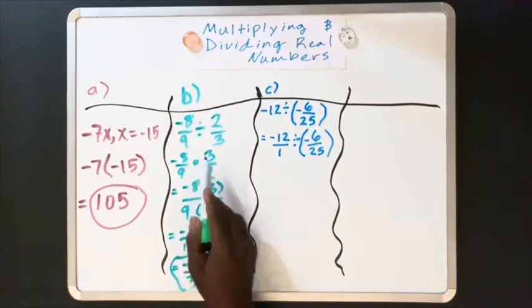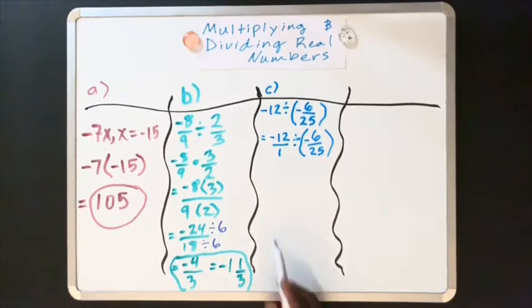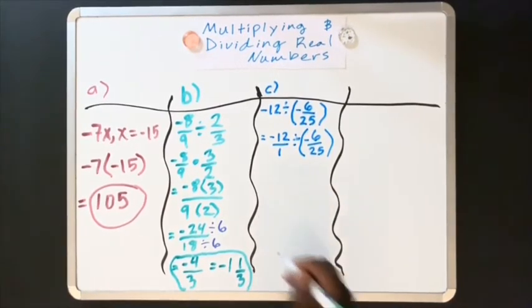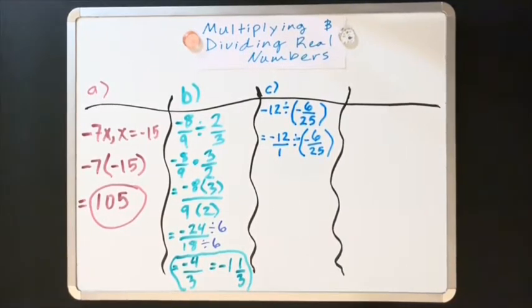We follow the rules of dividing fractions. You keep the first fraction, and then you multiply that first fraction by the reciprocal of the second fraction. Now that we brought down the second fraction, let's keep the first fraction and multiply it by the reciprocal of the second.